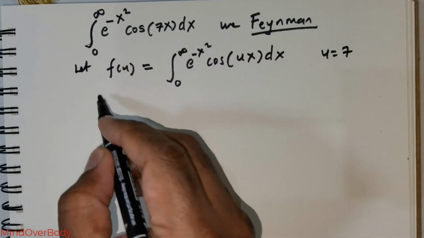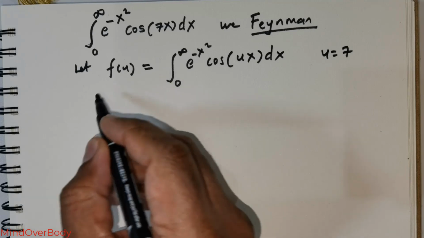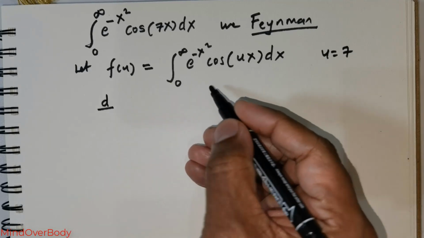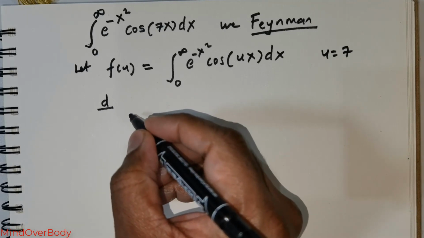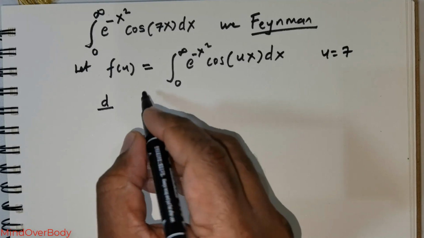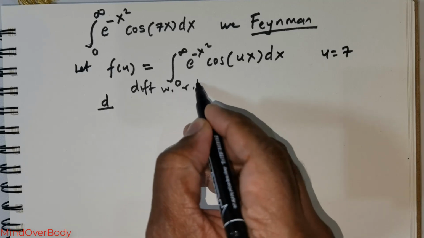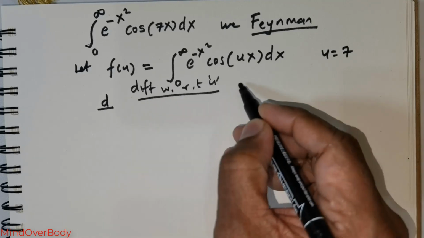So what I'm going to do now is differentiate both sides with respect to u.